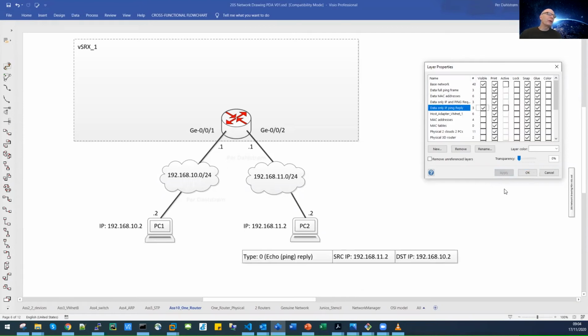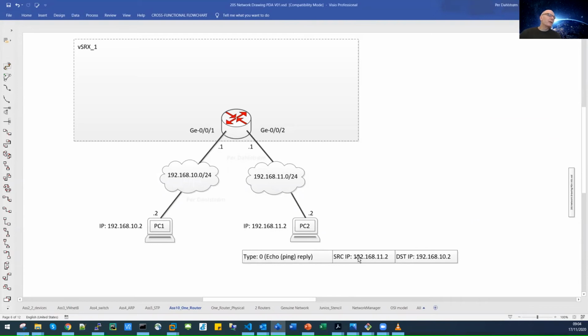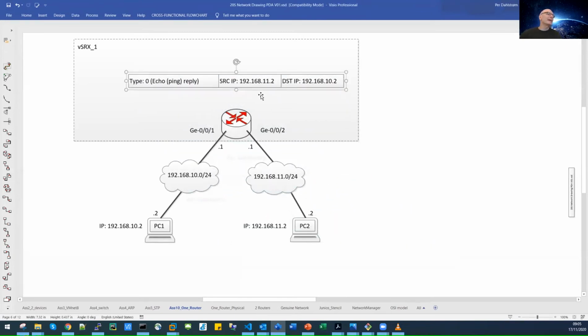The ping reply. It's not important that it's a ping reply, but that packet will be sent by PC2 to the router because it's destined for the 192.168.10 network. So PC2 will send that up to the router. The router will look at it again and see that this is destined for the 10 network, which the router will realize I have on my GE001 interface.